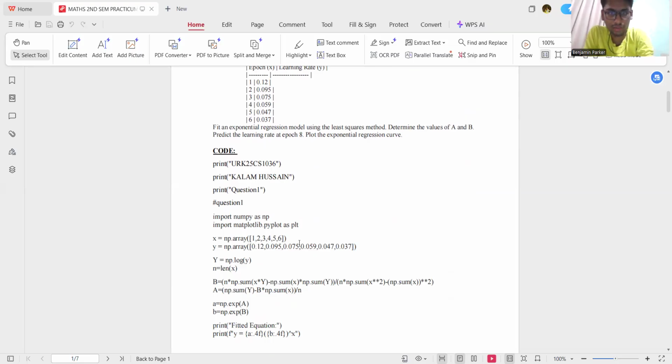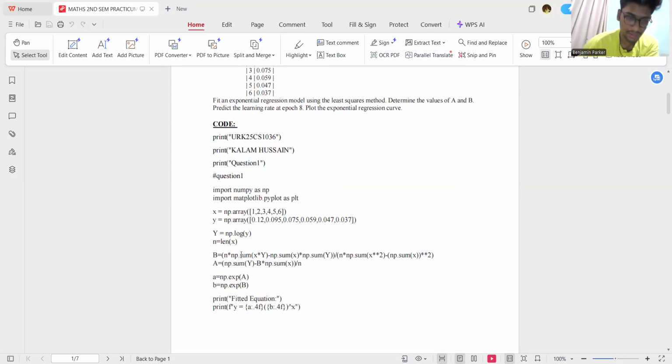After that we apply the values of x and y, and then the y values are equal to np.log(y). n is equal to the length of x, and b is equal to n times np.sum(xy) minus np.sum(x) times np.sum(y), divided by n times np.sum(x squared) minus np.sum(x) squared. A is equal to np.sum(y) minus b times np.sum(x), divided by n.